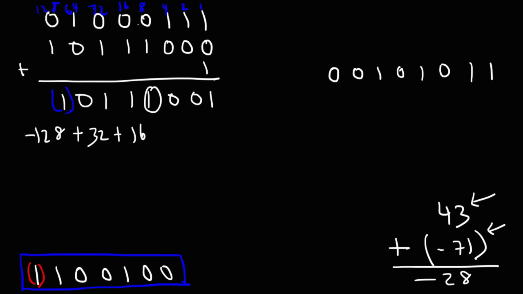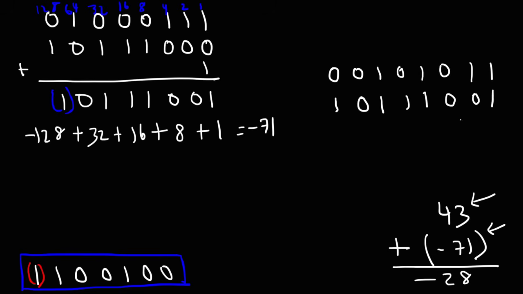This one corresponds to 8. And the last one corresponds to 1. So negative 128 plus 32 plus 16 plus 8 plus 1, that adds up to negative 71. So that's the right number. We're going to put that here. So 1, 0, 1, 1, 1, 0, 0, 1.